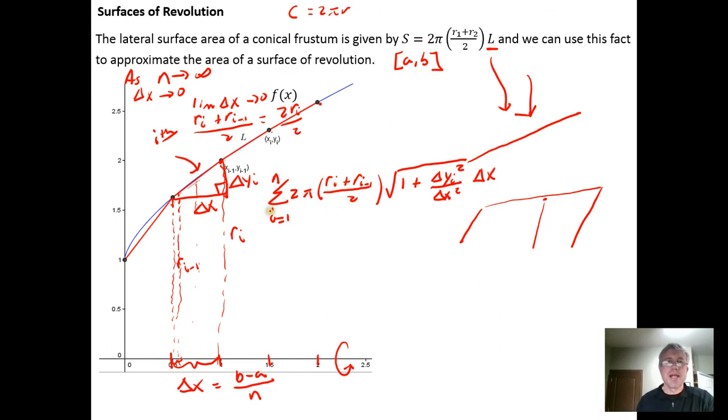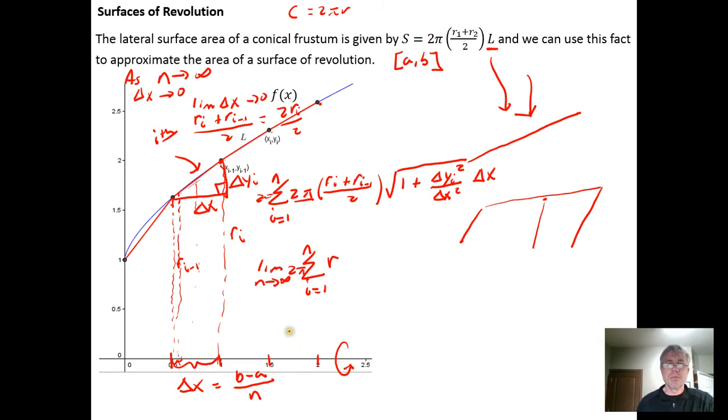So the formula, if we take the limit as n becomes infinitely large of the sum from i equals 1 to n, things start to simplify. The 2 pi, because it's a constant, can factor out of the summation. The r sub i plus r sub i minus 1 simplifies to just the radius.